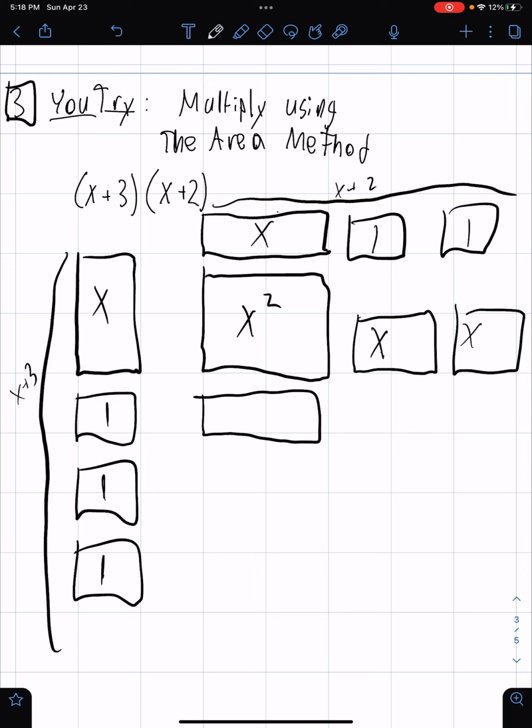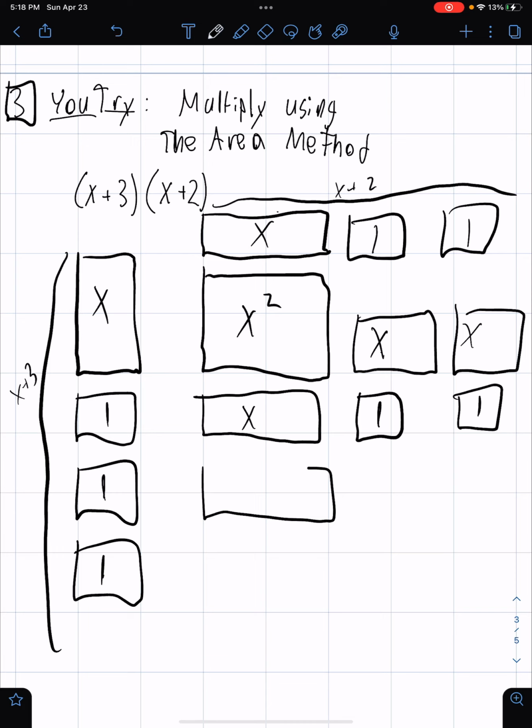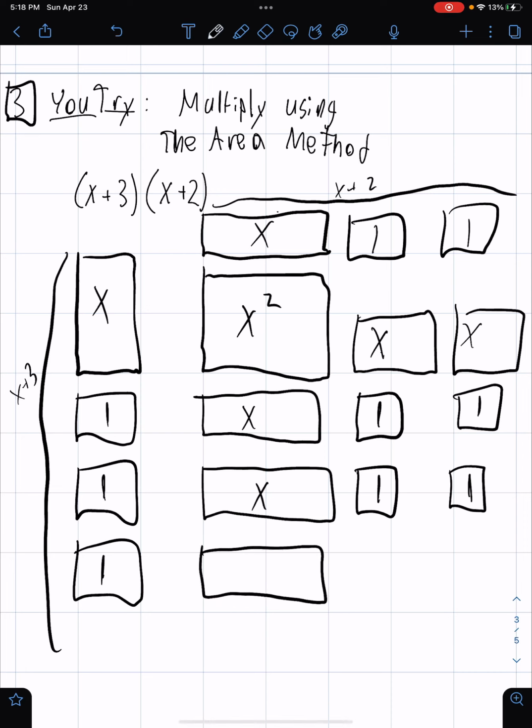So this would also be x, this would be the 1, and this 1 times 1 is also 1, and then this part would be x, and then 1, and then 1, and for the last part, this final one would be x, and this would be 1 as well.